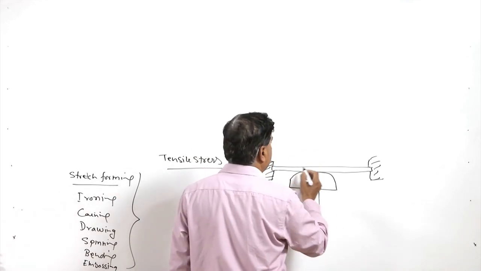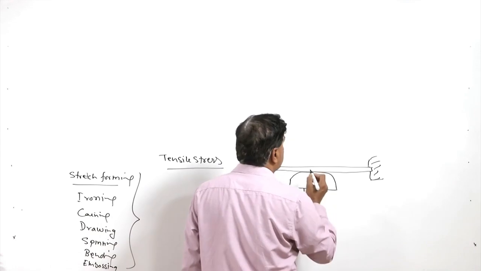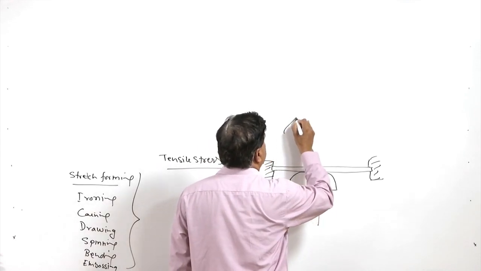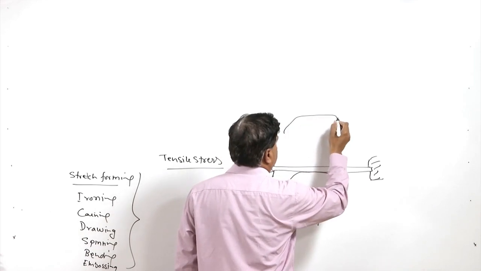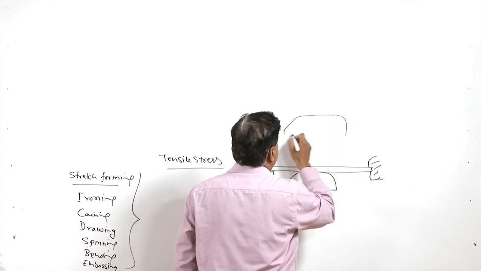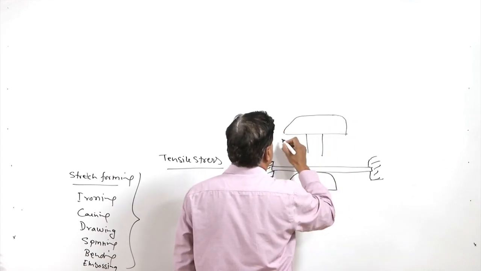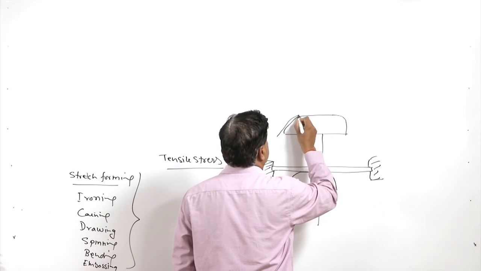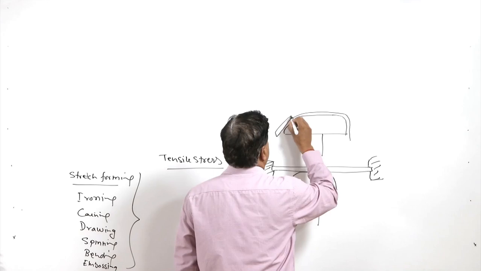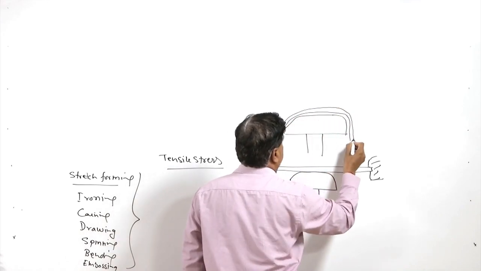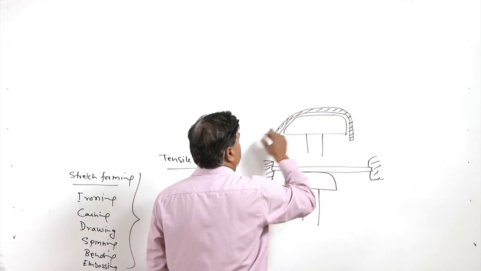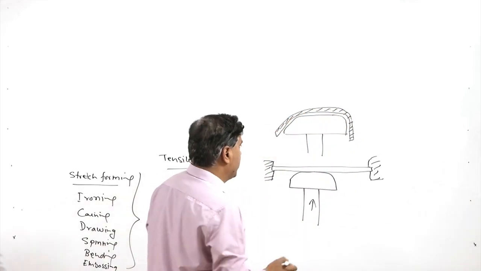So, the sheet metal is stretched, and when it is stretched, it follows the shape of the form block. After the stretching, the sheet metal takes the shape of the form block in this manner. So, the shape of the form block decides the shape which will be achieved by the sheet.